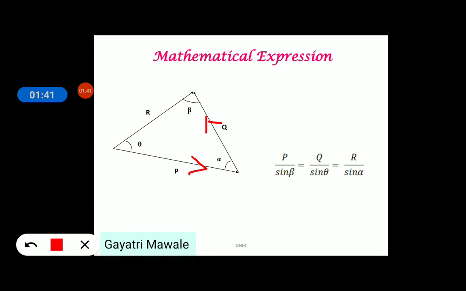So P and Q forces are taken in order. Then closing side of the triangle represents resultant of two forces but taken in opposite order. So resultant here is acting like this.